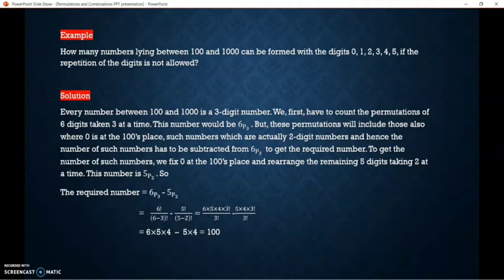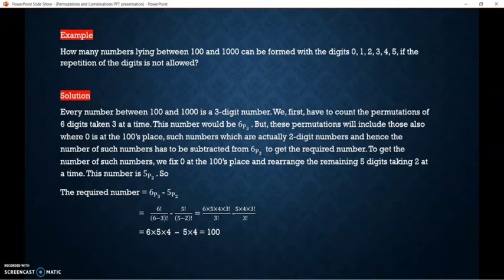So for that, we subtract the two digit numbers. We fix 0 in the 100 place of this 3 digit number and then look at the possible 2 digit numbers.